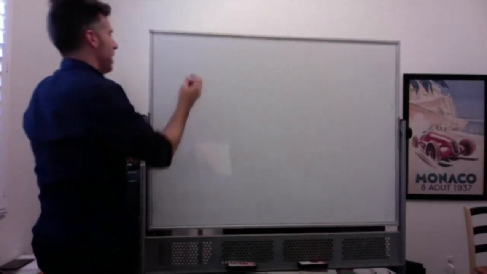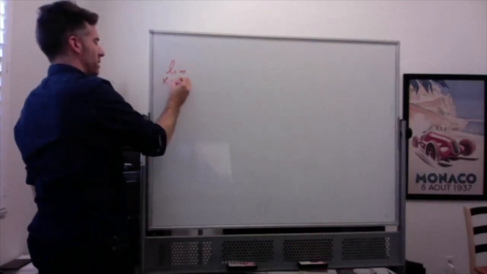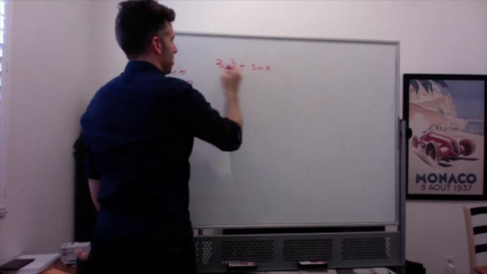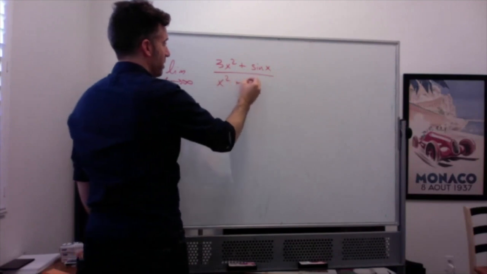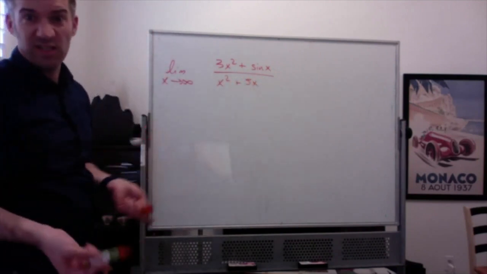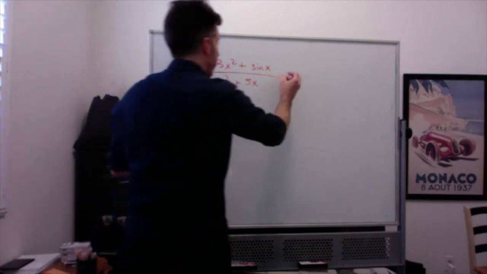So another way to attack this problem, the limit as x goes to infinity of 3x squared plus sine of x over x squared plus 5x, is to do exactly what you think you should do. Divide everything by the highest power of x in the denominator, which is totally fine.